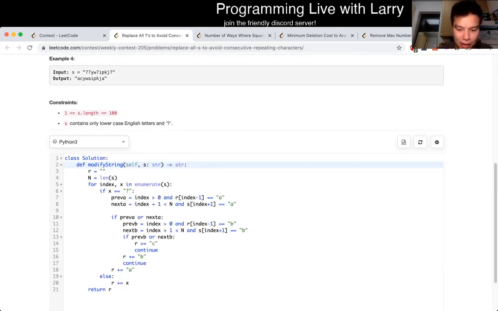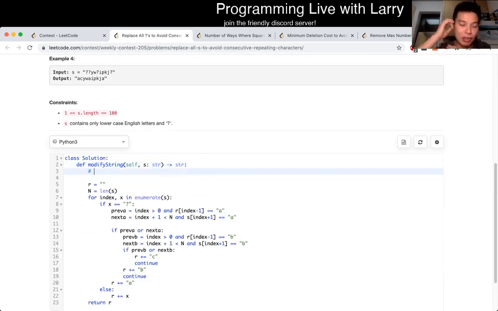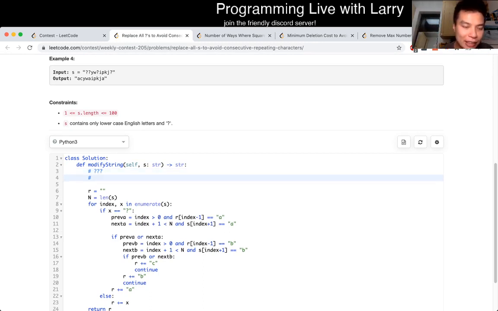let's say you have, and I was worried about getting WA during the contest, so definitely something to think about. But let's say, at the worst case, you could have 3 question marks, right? And what does that mean? That means that each question mark has only 2 neighbors, which is previous and the next, right? Which is obvious.